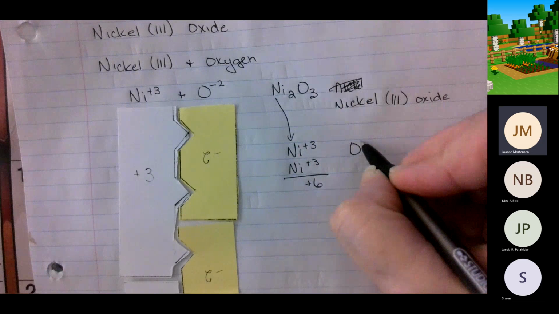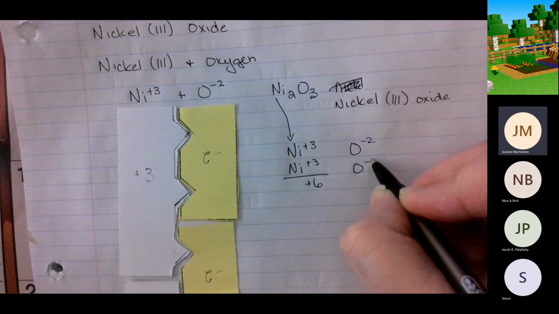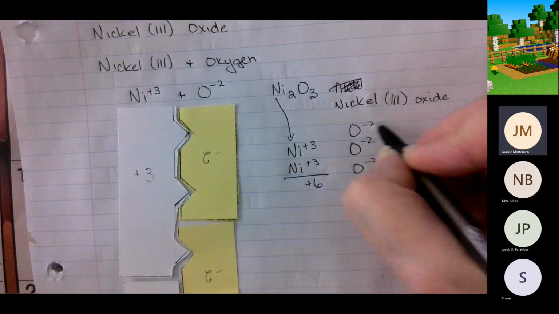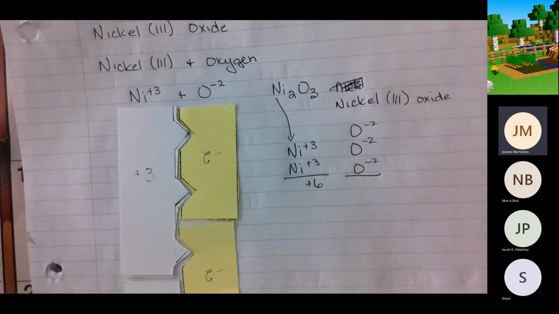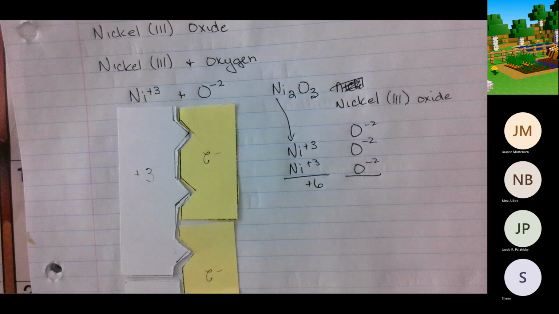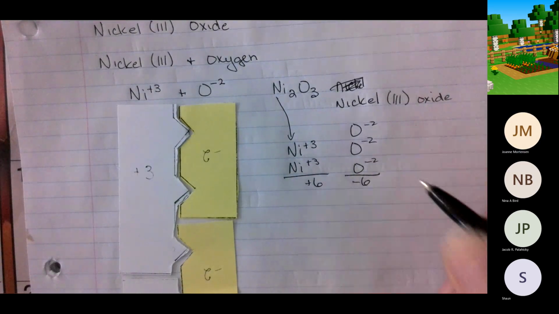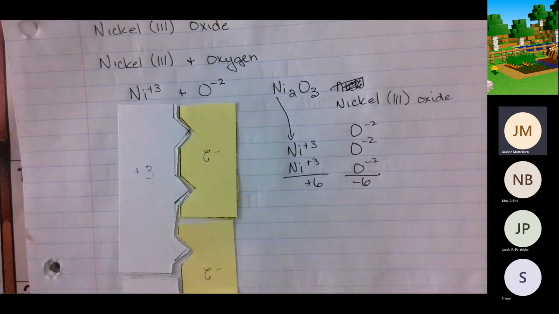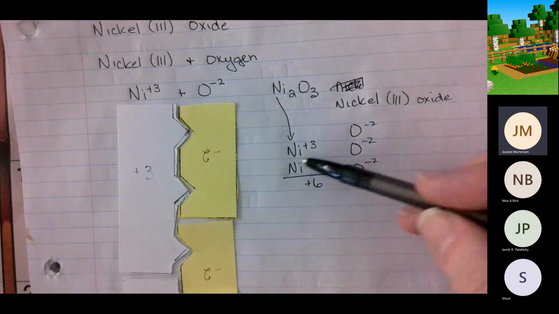So I've got an O -2, an O -2, and I'm putting the other one up here, an O -2. Grand total, Kyle? So now we can see there's not going to be any net charge. Everything's matchy-matchy. This part, just a quick check.